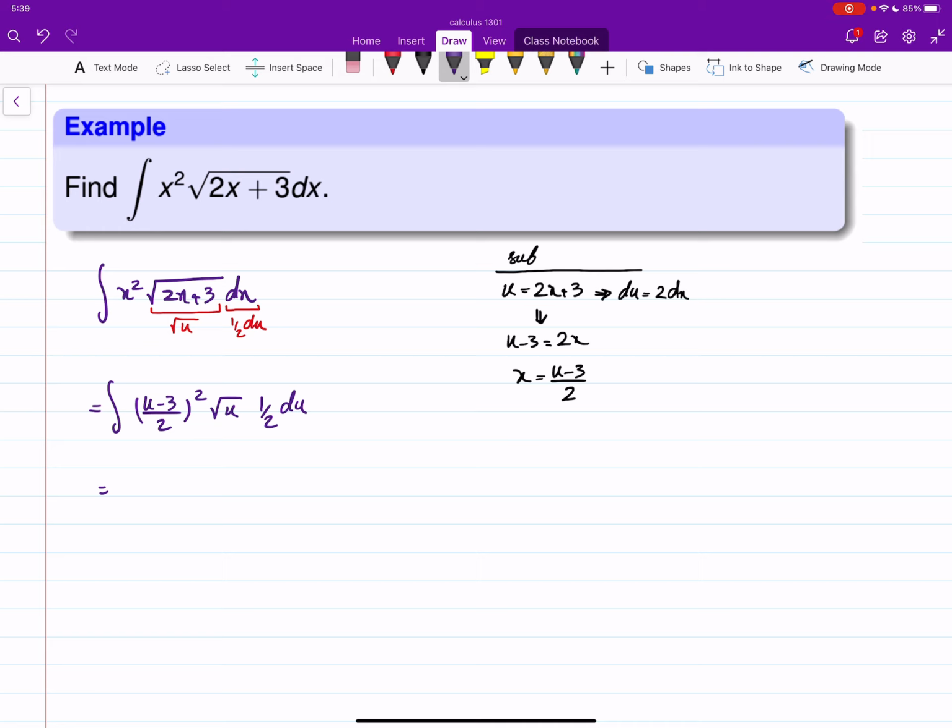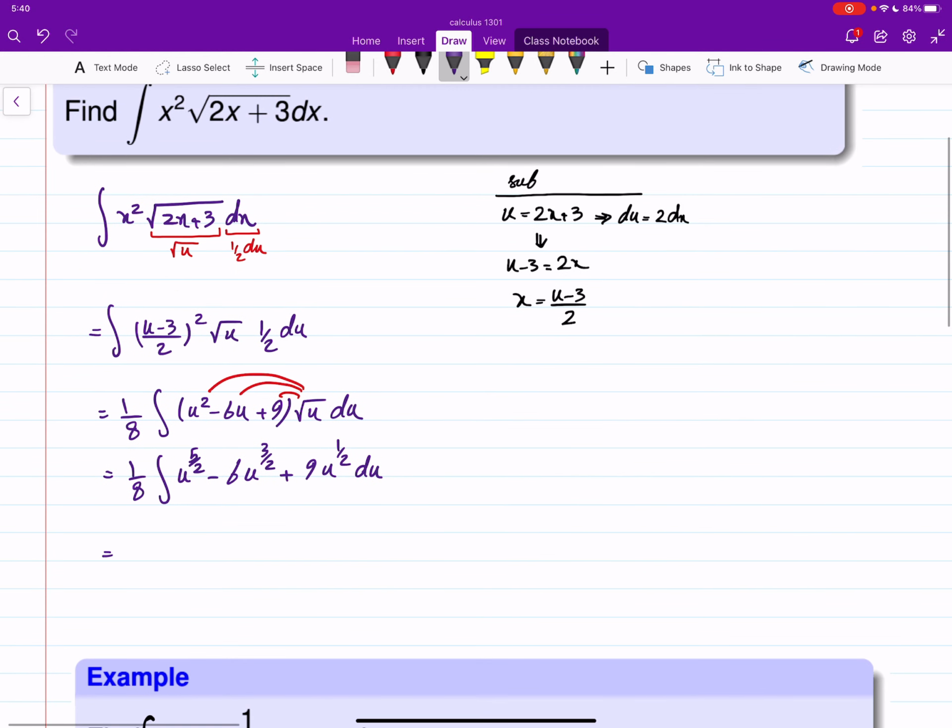And this is 1 over 8 integral of u squared minus 6u plus 9 times root u du. You may say, oh, again back to something difficult. But if you expand this, you will get the integral of u to the power 5 over 2 minus 6u to the power 3 over 2 plus 9u to the power half, and this is 1 over 8.